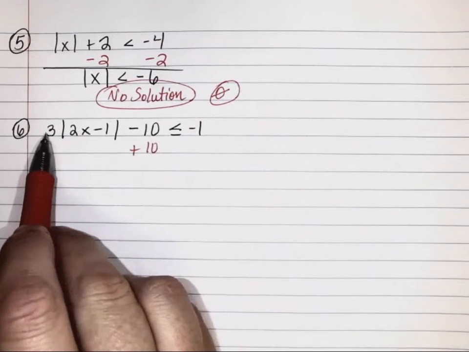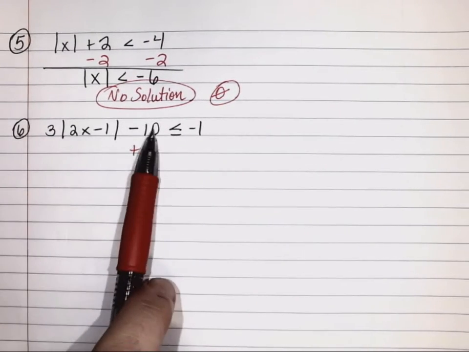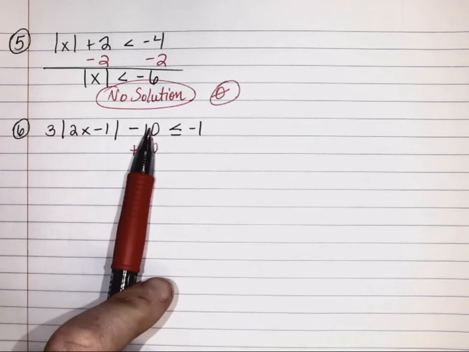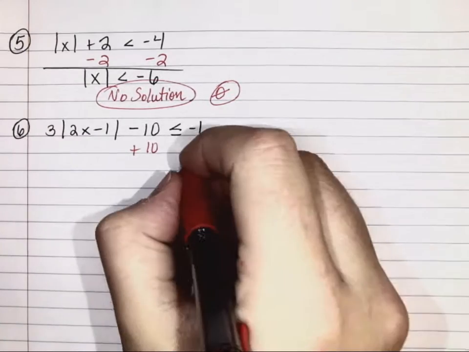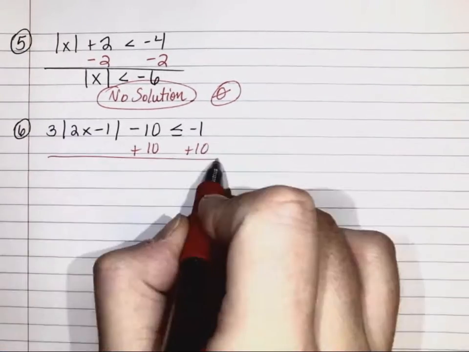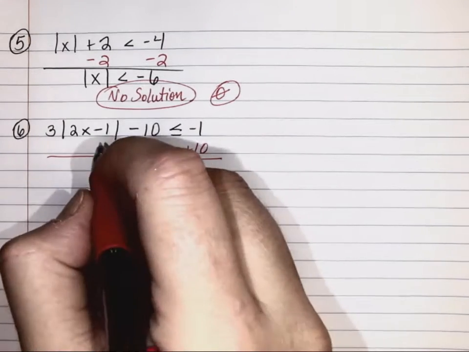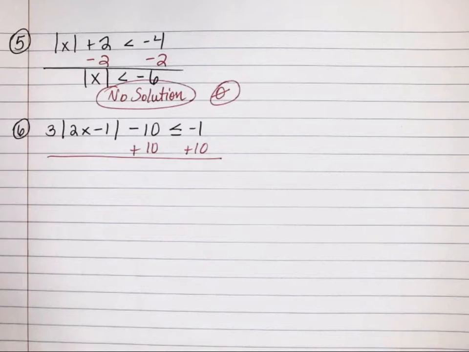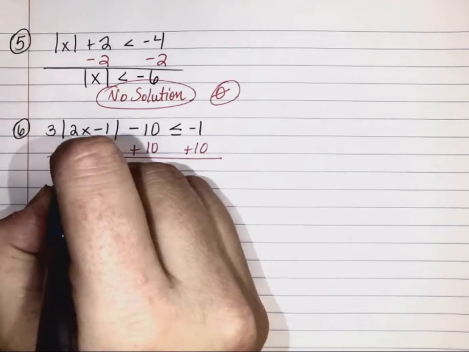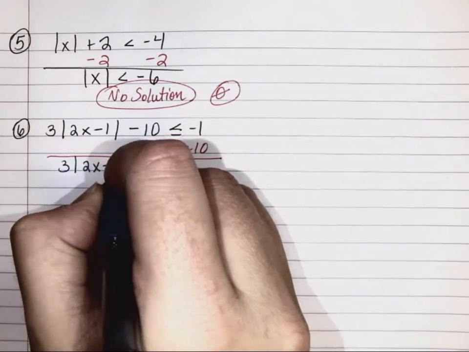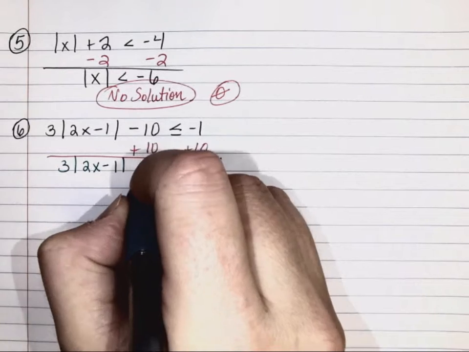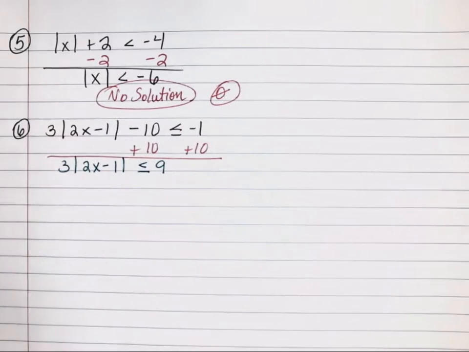I would not divide by 3 first because you're going to have to divide 10 by 3 if you do that, and that would be gross. So let's add 10 to both sides. And when I do that, I'm left with 3 times the absolute value of 2x minus 1 less than or equal to 9.